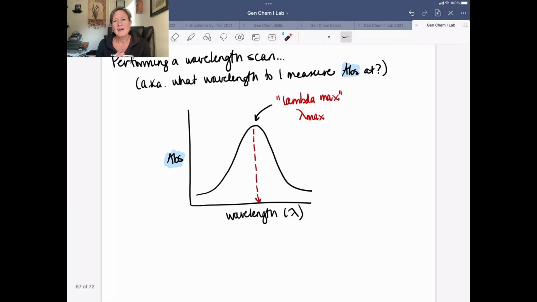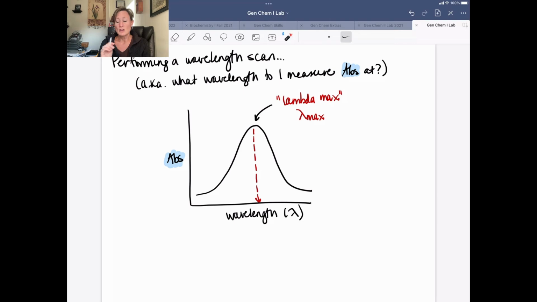Okay, so last thing to highlight, and then I'm just going to walk through the 4-part steps of what you're going to do today. We need to know what wavelength we're going to be measuring this absorbance value at. Performing a wavelength scan is another way of saying, what wavelength do I want to measure my absorbance at?